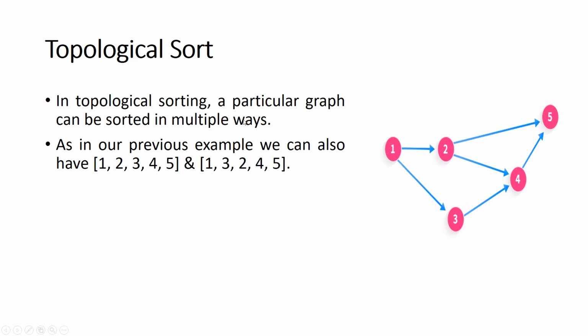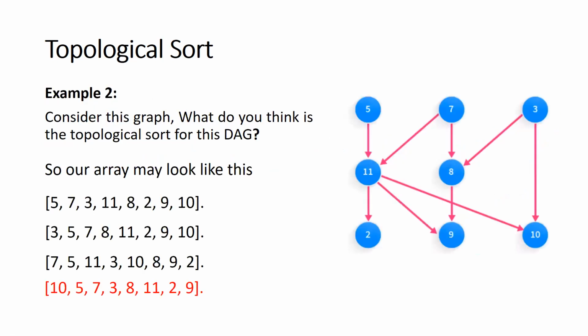Topological sorting for a particular graph can be done in multiple ways. For example, in the previous example, as I said, we can choose between 2 or 3 to put after the 1. So we have 2 topological sorts for this simple graph. And you can imagine that when the graph is more complicated, more options will exist. So if we take this second example, it's more complicated.